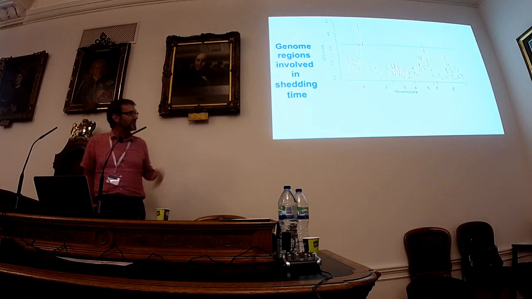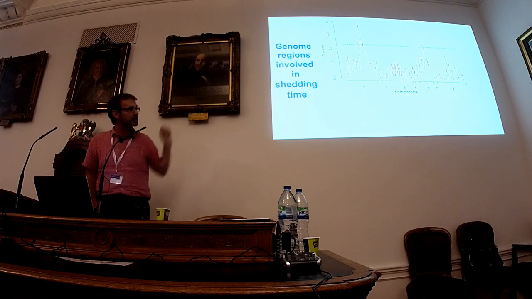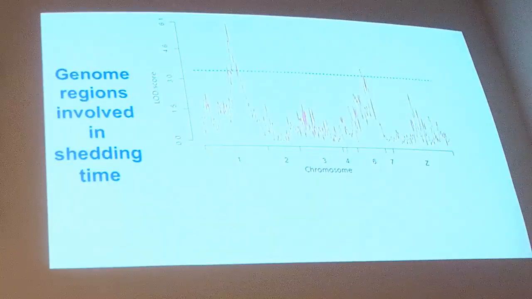So what do we see? We do a classical linkage mapping, so we essentially screen across the chromosomes, searching for regions where our genetic markers segregate with this shedding trait that we're interested in. And sure enough, we see a very strong peak on chromosome 1.